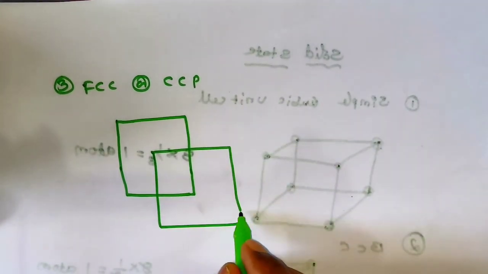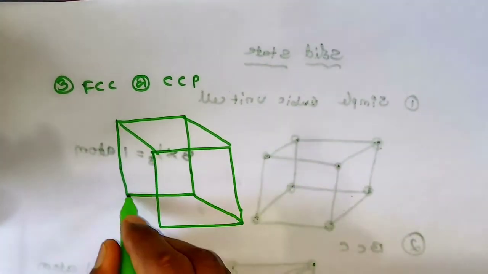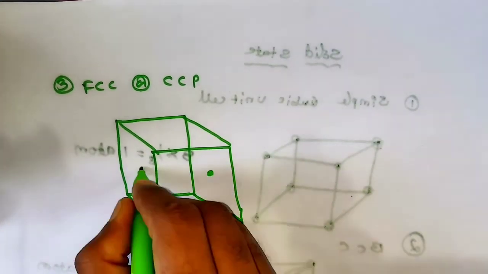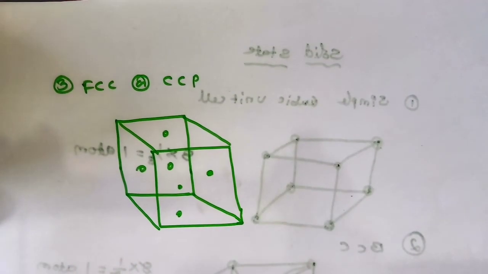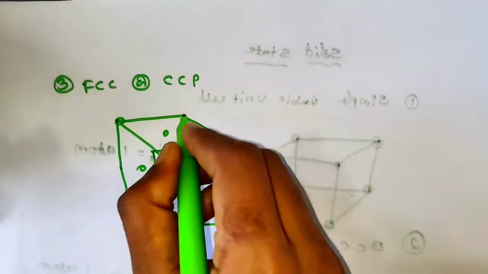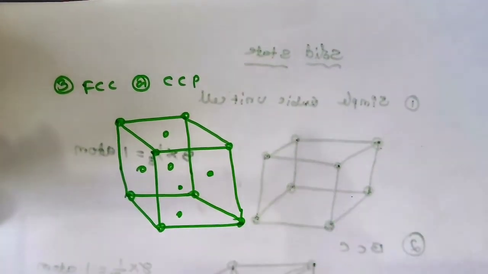Here also the same, but this contains 6 faces: 1, 2, 3, 4, 5 and 6 faces. Those 6 faces also contain 6 atoms.